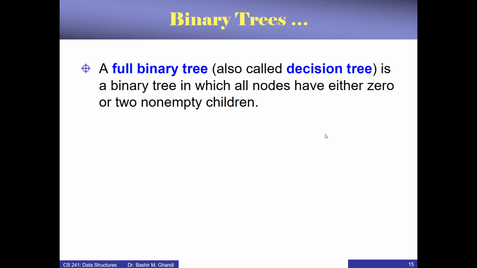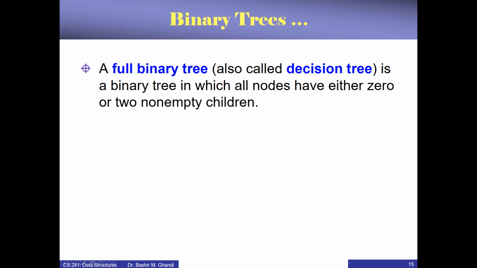Now we're going to consider 2 types of binary trees before we again narrow down to another type of tree called binary search tree. First, what is a full binary tree, which is also sometimes called a decision tree?